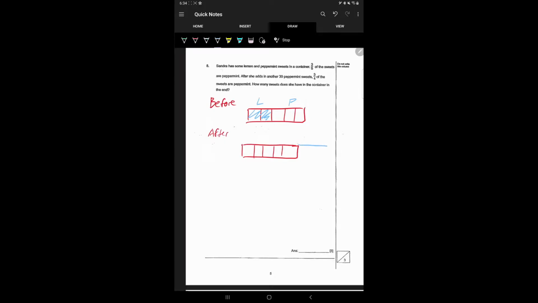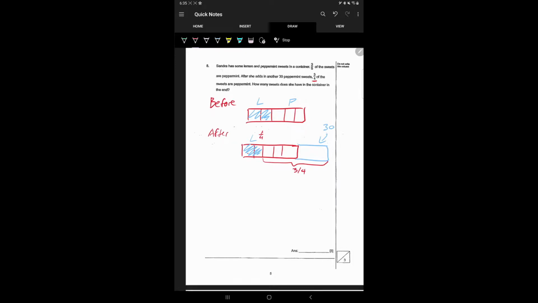So she adds 30 over here, correct? This part is 30. Then 3/4 of the sweets are peppermint. So this part over here remains your lemon. So for this to be 1/4, it means this part over here is 3/4.